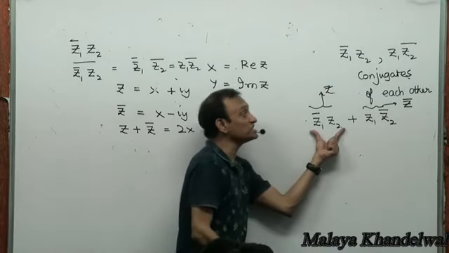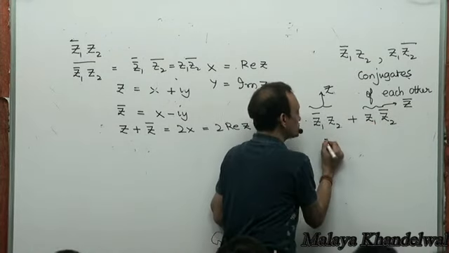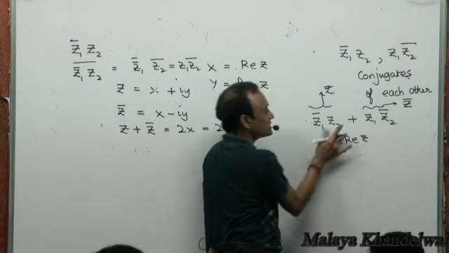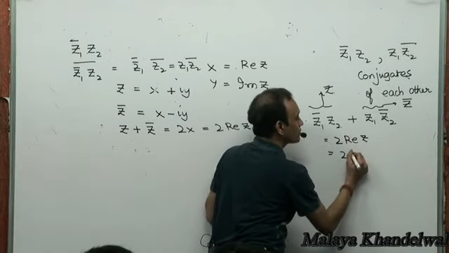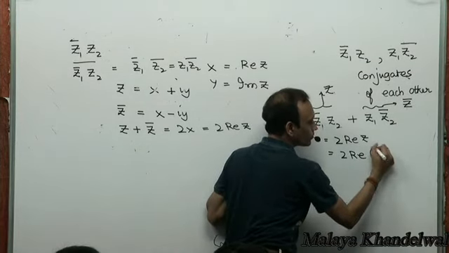So this is like Z plus Z bar. That's going to be twice real Z. Real Z means this, Z1 bar Z2. Yes or no?